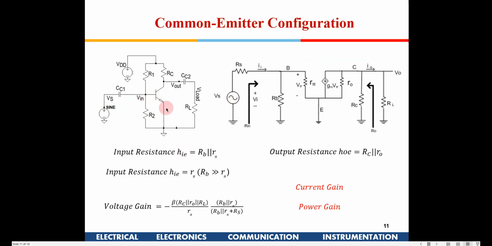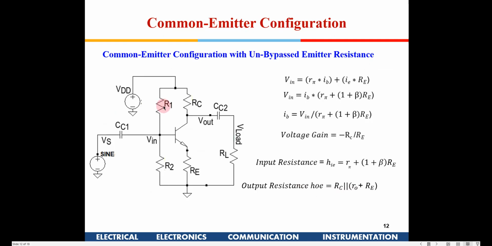IB is not immune to temperature variations and VDD variations, that we learnt in the last class, and we learnt that by putting an RE here it becomes pretty stable. So this is a stable biasing circuit. This is the best way to bias a BJT, where you have an RE also.